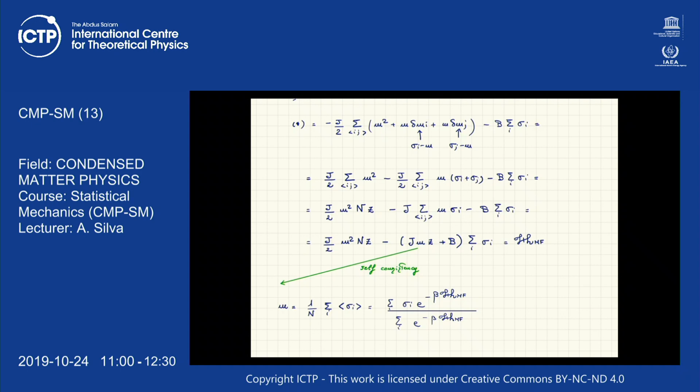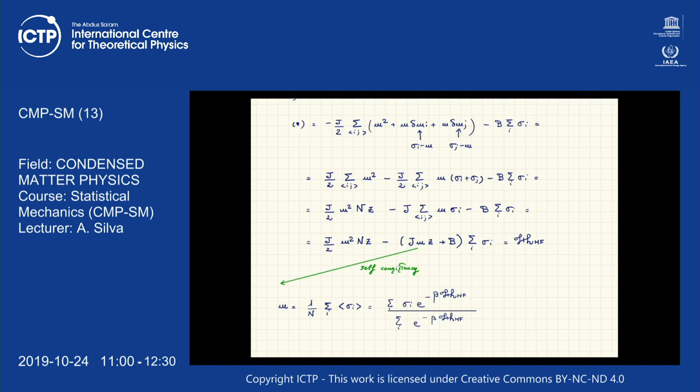So now you see that if I use this H mean field to calculate this average, it is straightforward. What you will get is a tangent hyperbolic, right? And nothing else. Because on top you will get e to the beta effective magnetic field times sigma, minus e to the minus beta effective magnetic field, and the minus comes from this guy here, and on the bottom you will get a plus. So it's a sine hyperbolic divided by a cosine hyperbolic.